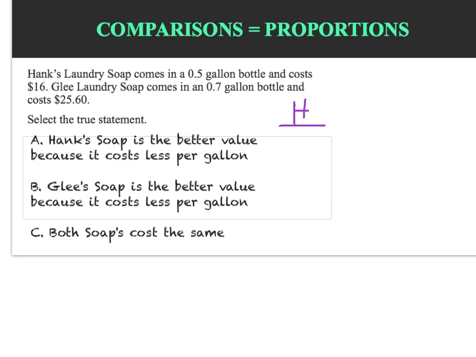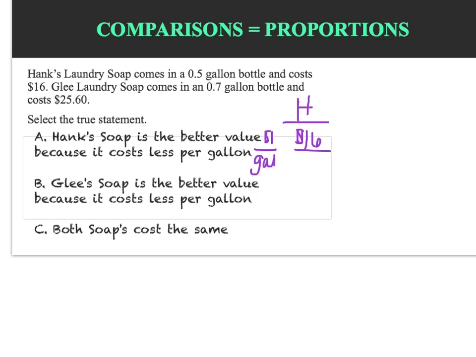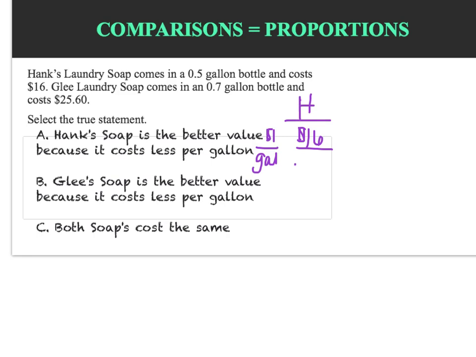So for Hank soap, I'm going to compare the cost to the gallons. So $16, we get 0.5 gallons. Now I know for Glee laundry soap, again, I'm comparing how much is spent, so $25.60, and here I get 0.7 gallons.